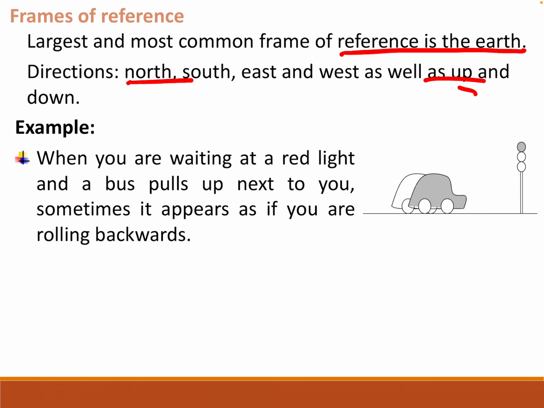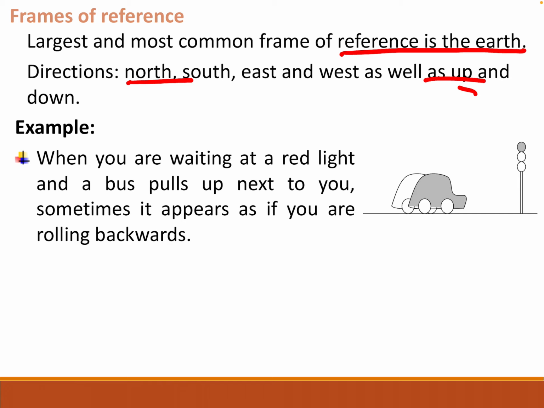Now, this is a bit of a funny one. When you're waiting at a red light and a bus pulls up, or even a car, sometimes if you're sitting in the car and the car's stationary, it'll feel a little like you're moving backwards when the bus moves past you. If it's going fast, you don't really notice it. But if it's going quite slow, it can be a little disconcerting, because you feel like you're going backwards, even though you're not actually going backwards.